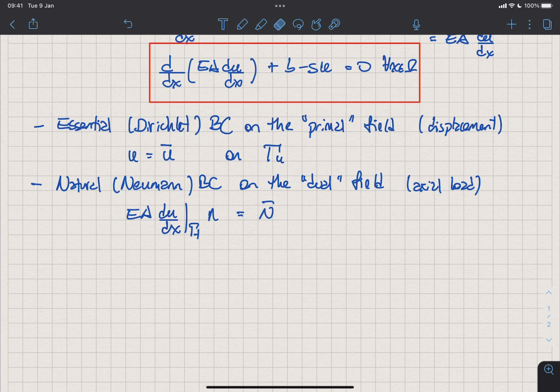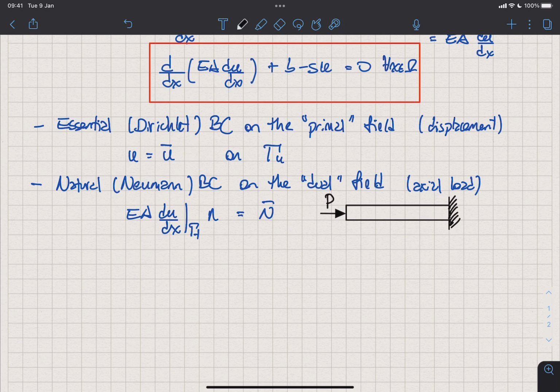And it is important to note that by convention, if I draw, for instance, a little picture here of a bar, that is going to be our force P. And by convention, this force P is actually in the positive direction.